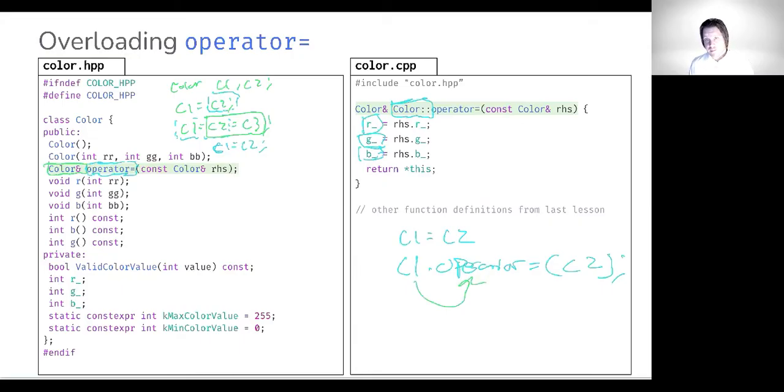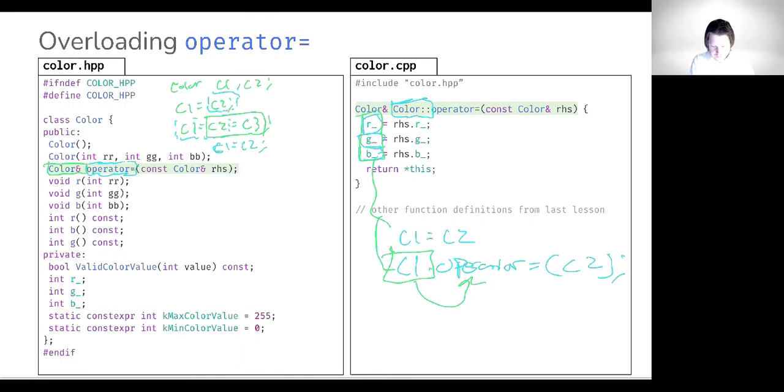And it's essentially communicating that in this call, let's resolve any member variables to the object that we invoked this operation on. So in this case, R, G, and B are all going to be looked up as C1's R, G, and B values and not some other color object's R, G, and B values.